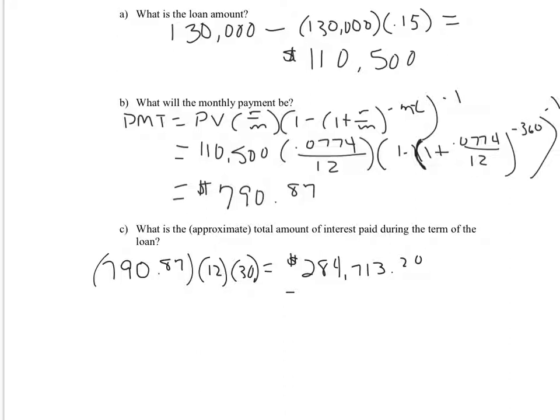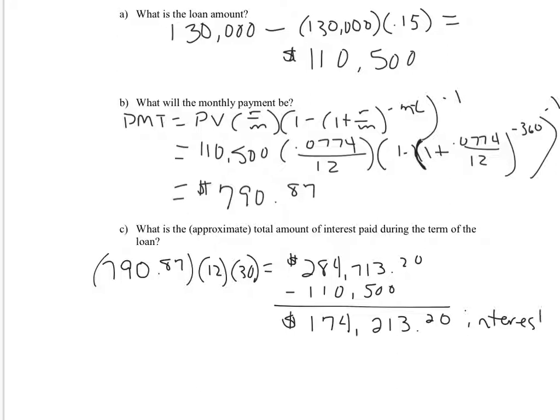If you subtract out the $110,500 that they started with on their loan amount, they have paid $174,213.20 in interest. Way more in interest than the amount that they borrowed.